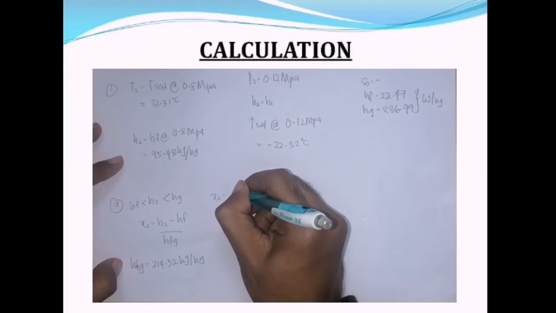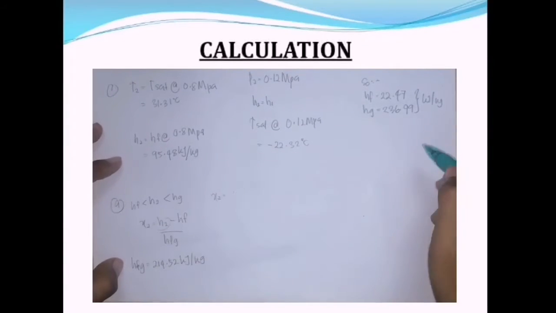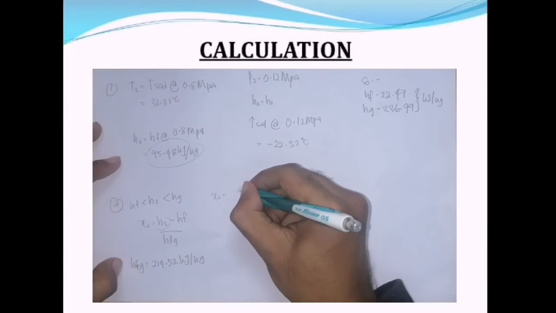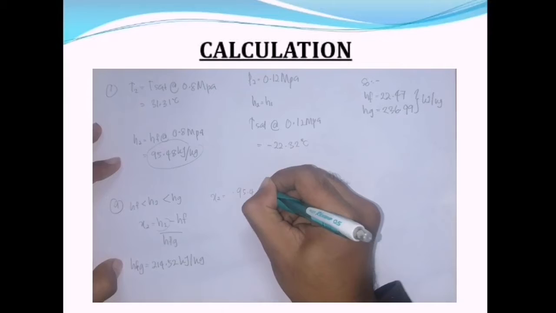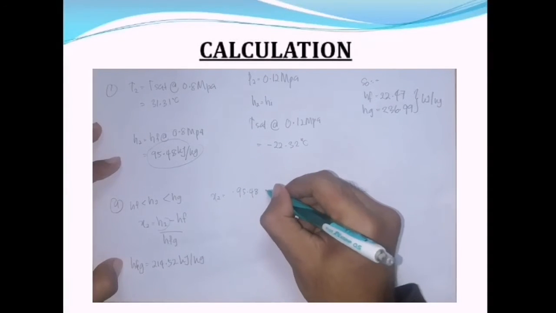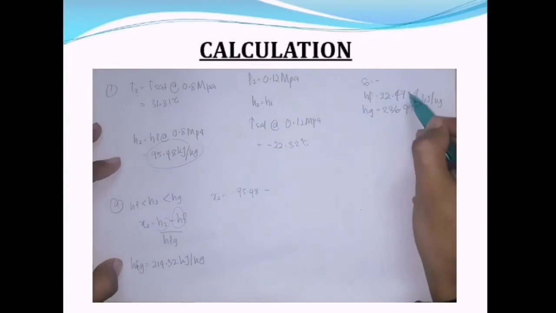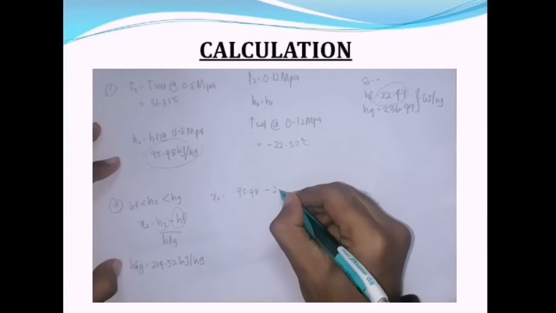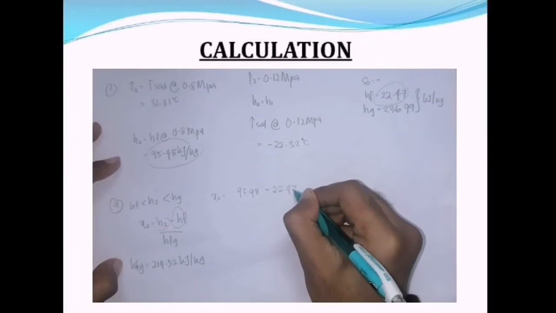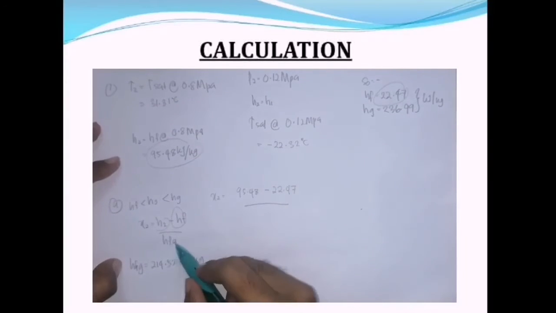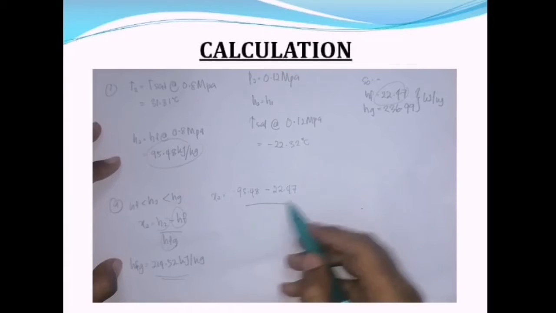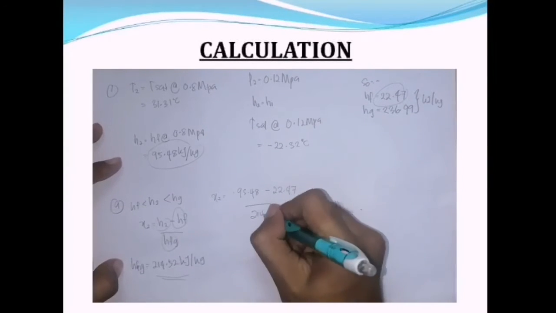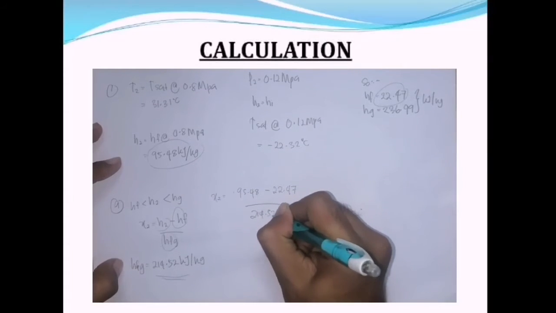Then x2 equal to h2 we get 95.48 minus hf that we get, that is 22.47 kilojoule per kg divided by hfg 214.52.